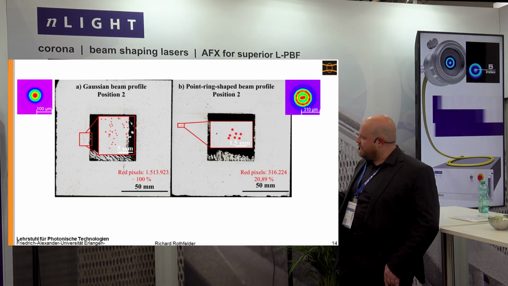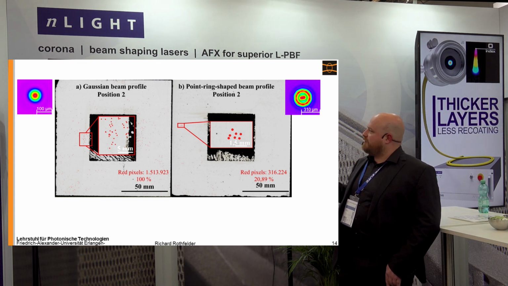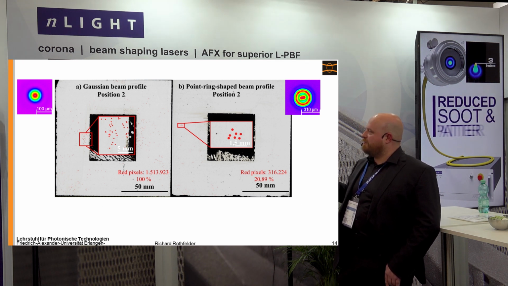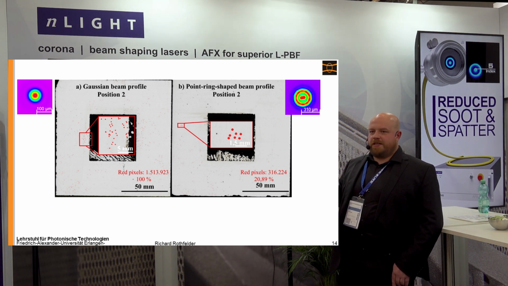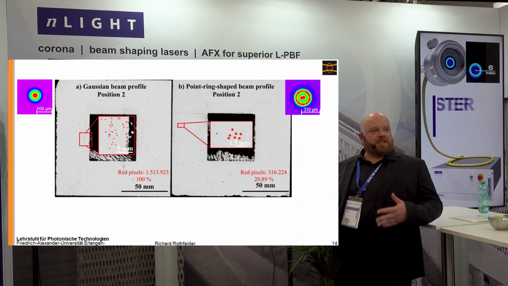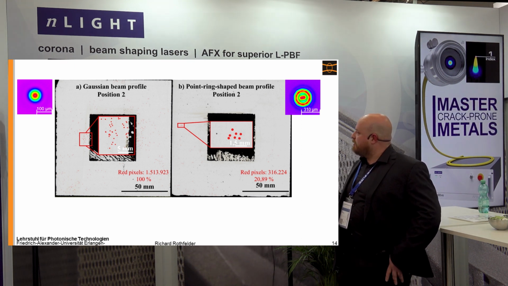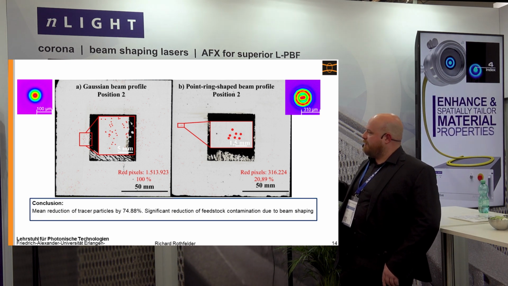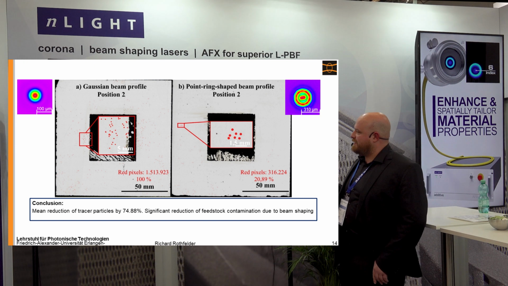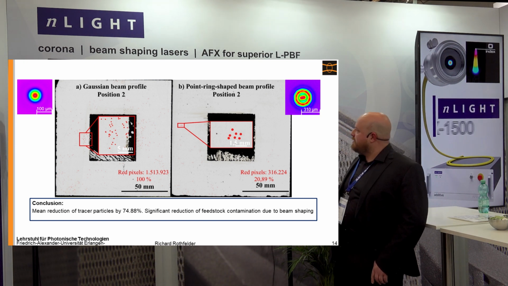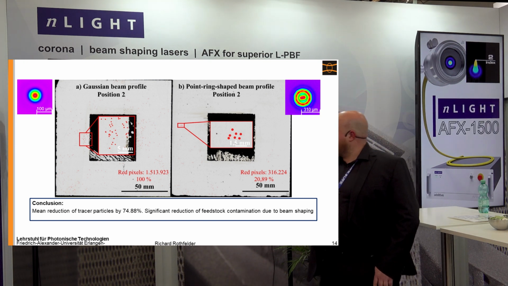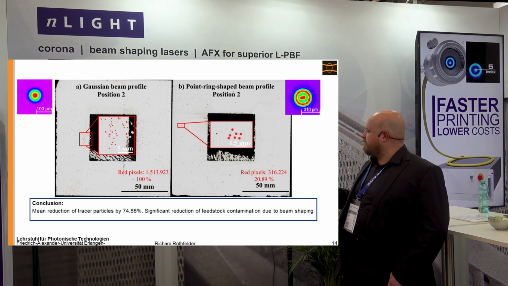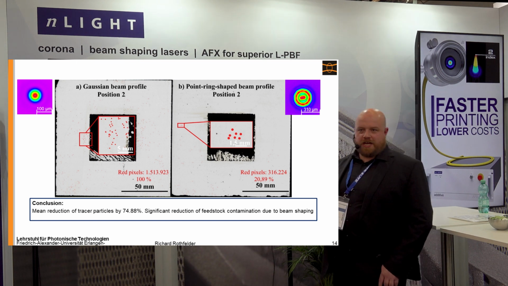So we have an extreme reduction of our spatter formation, which was already shown with high-speed imaging on the process zone itself, but we never saw it on the build plate or the part itself, which we see now here. And when we compared it to the rest, we really have a mean reduction of our tracer particles by 75% when we're using the ring-shaped profile. So we have a significant reduction of feedstock contamination due to beam shaping.